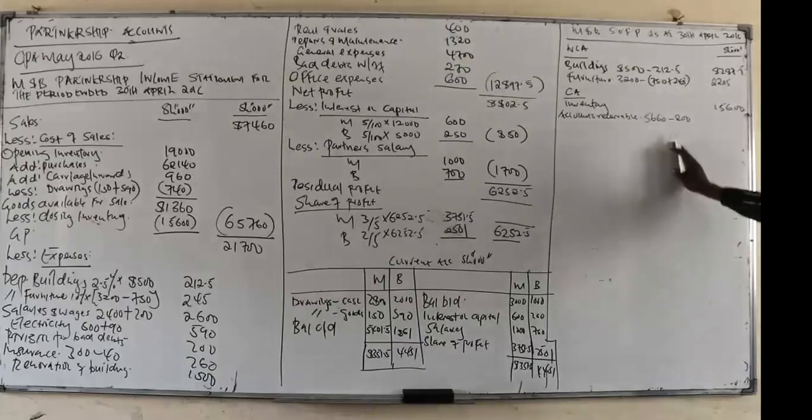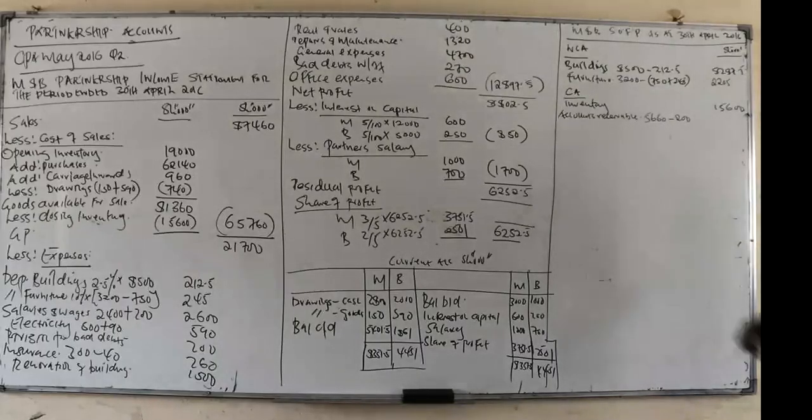Provision means out of the total debtors, debtors are those customers you sell to on credit, you estimate that 200 will not settle their accounts. So you are standing in for them, so you reduce from that account. So you only remain with those debtors that you expect to pay. So how much will that be? 5460. That is accounts receivable.